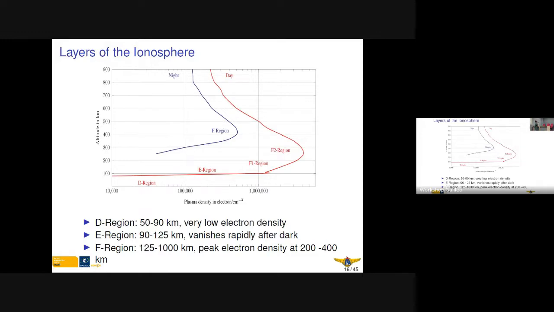And in the day, we have the D region that goes from 50 to 90 kilometers, with very low electron density, as we can see, and the E region, which is given from 90 to 125 kilometers. This vanishes rapidly after dark, but during the day, we have here at least some electron density.